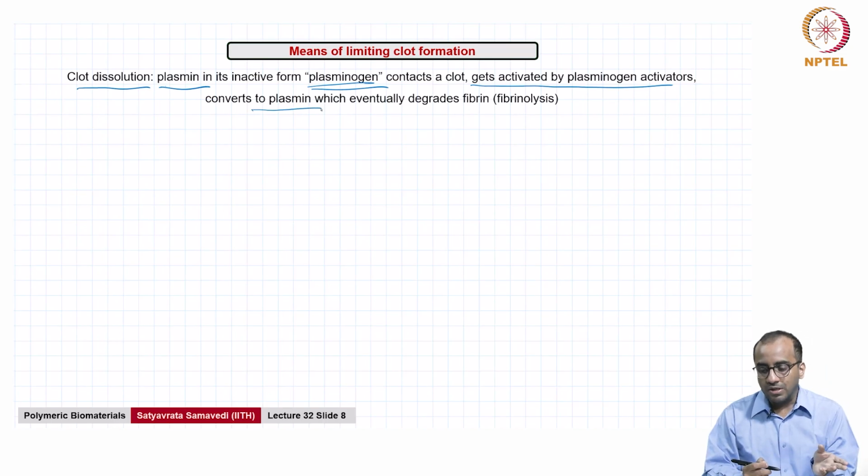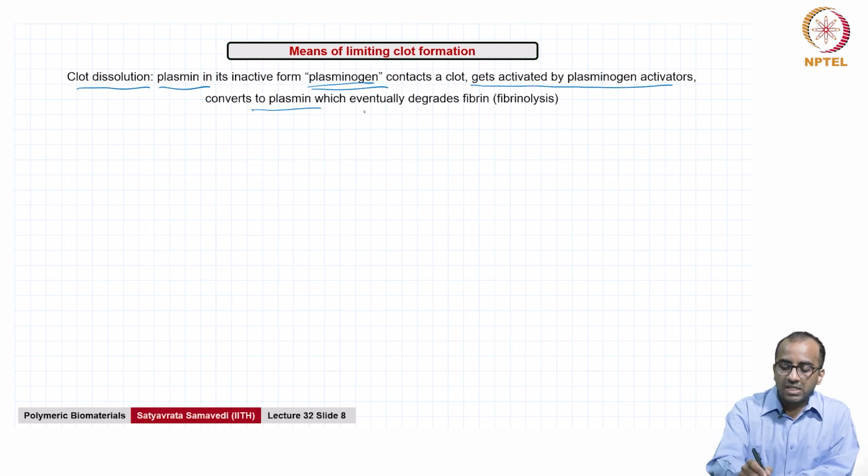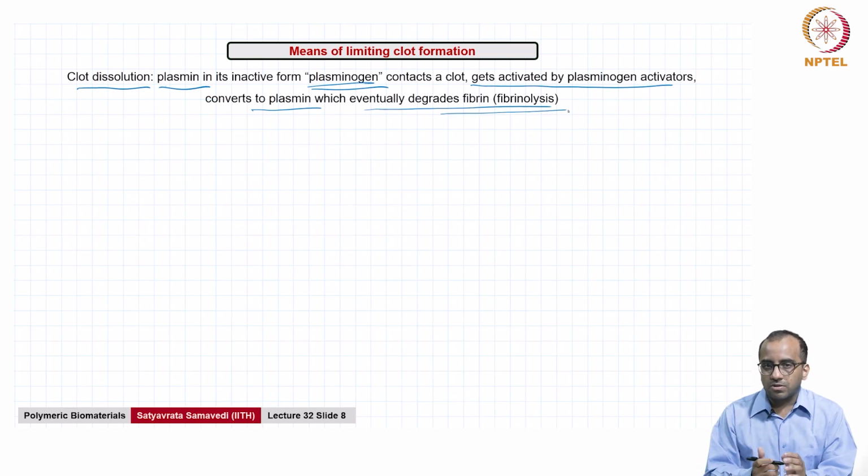So, plasminogen with the action of plasminogen activators gets converted to plasmin, which eventually degrades the fibrin in a process called fibrinolysis, right. That degrades the fibrin clot completely, that restores the normal tissue functions.